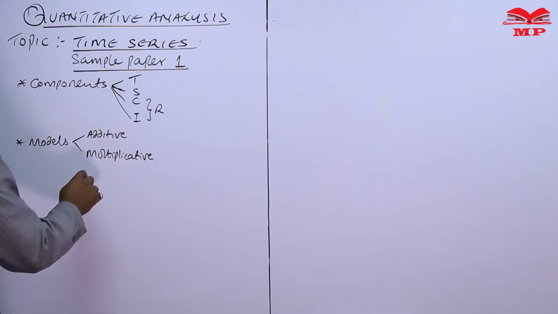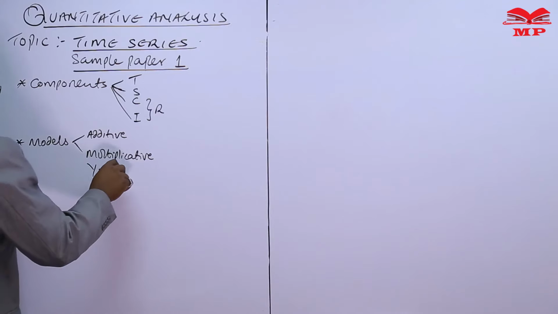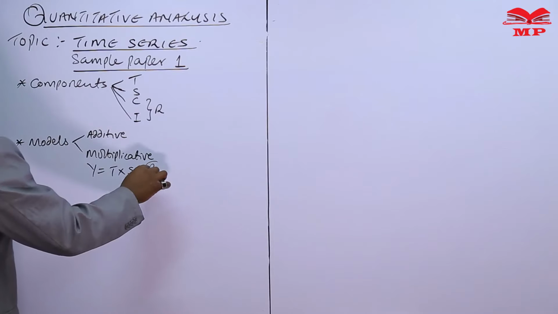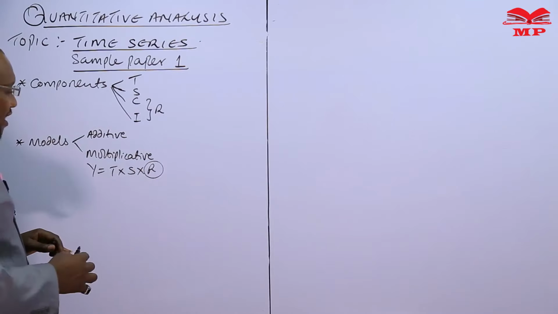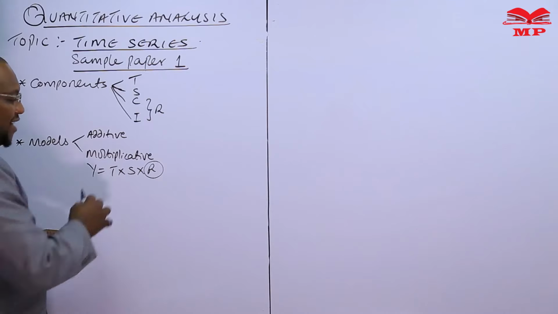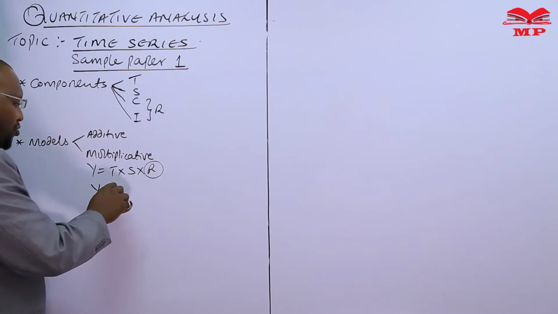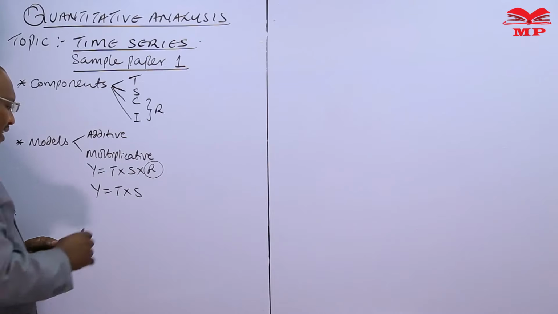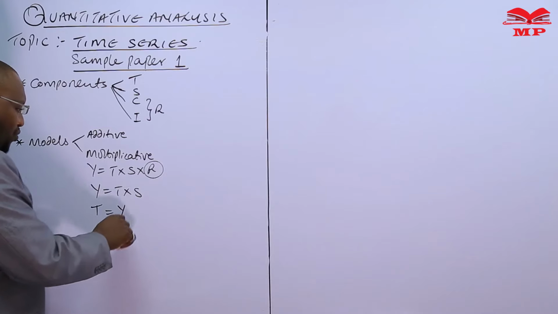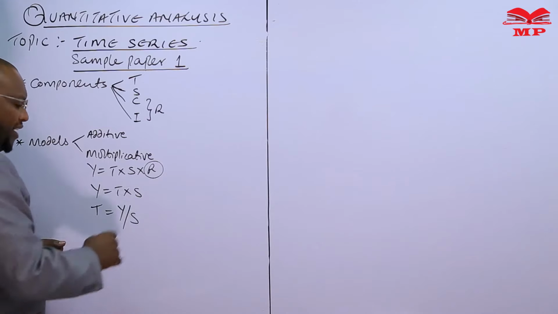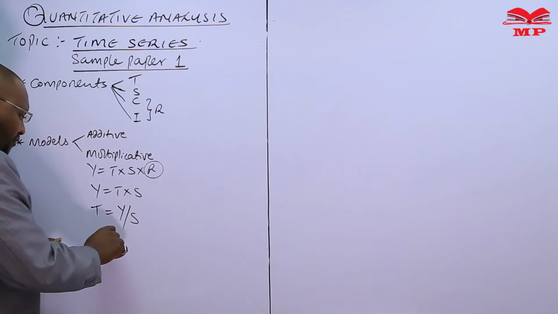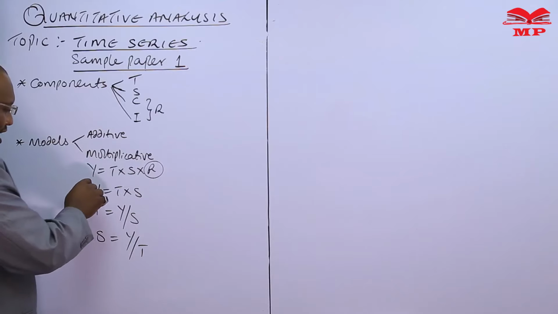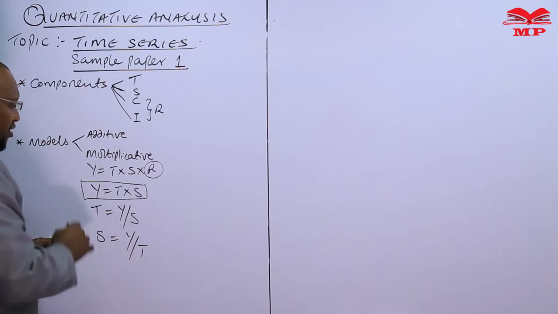Now, when we say that Y equals T times S times R, if R is held constant, what can be explained is trend and season, so Y equals T times S. Should we want to get the trend, it is Y divided by S. Should we want to get the seasonal variation, we divide Y by T. So this is our model.